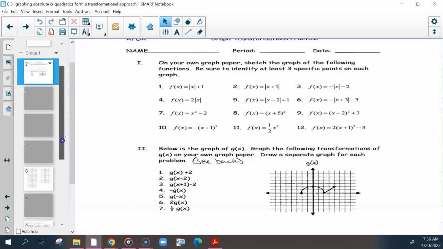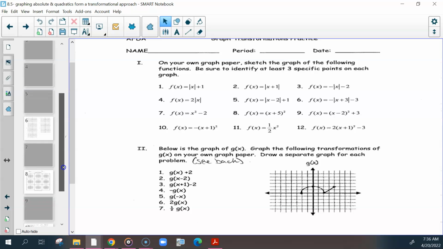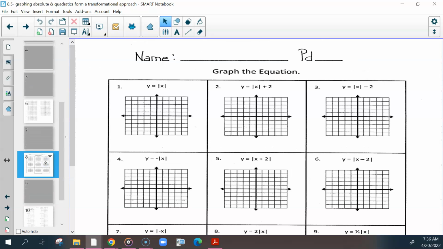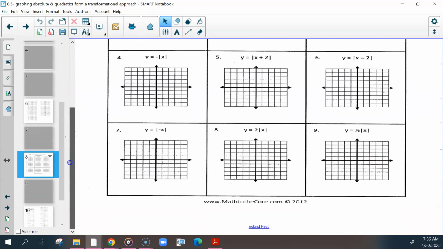If you did want to see one, you can always go back. On this page, anyone need to see any of these?